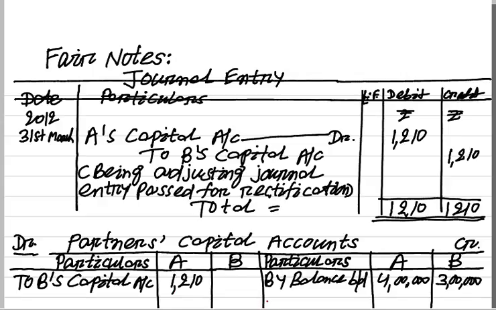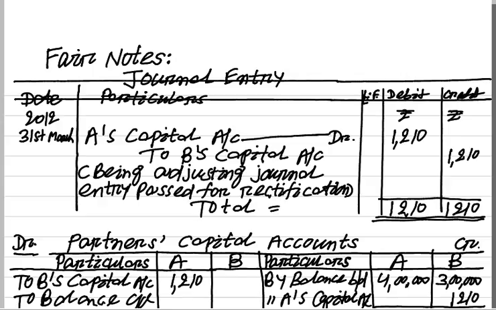In B's capital account, write down by A's capital account 1210. Then finalize and write down to balance carried down, and erase the extra lines.